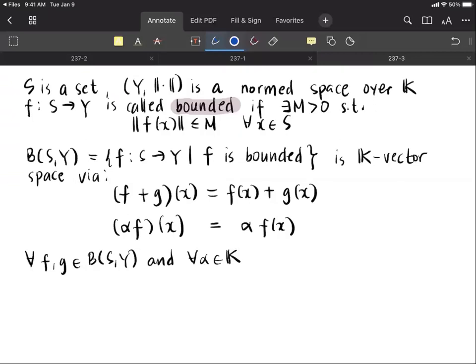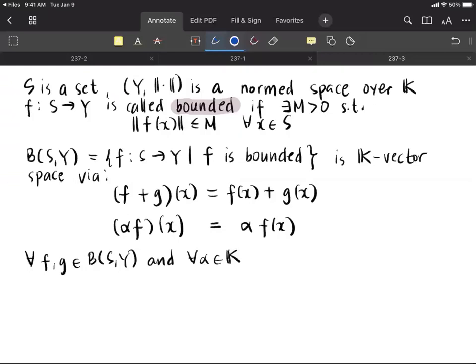Similarly, the bound for the product alpha f would be the magnitude of alpha times the bound for f. So one could easily verify that this is indeed a vector space.